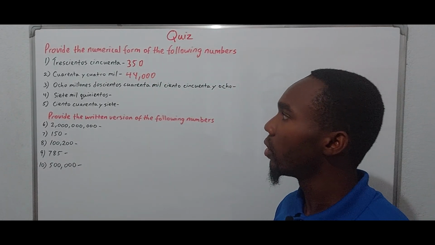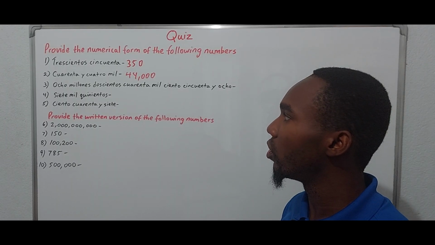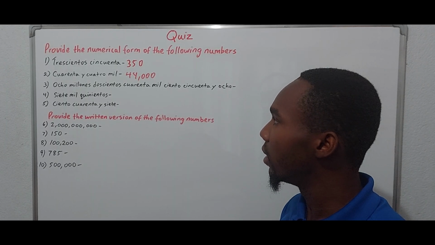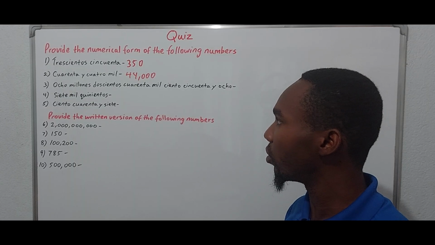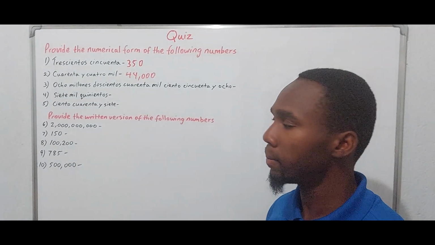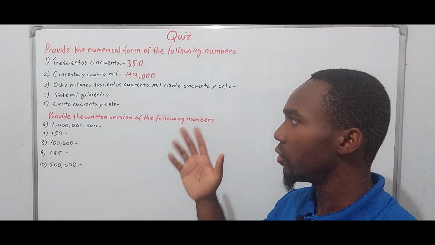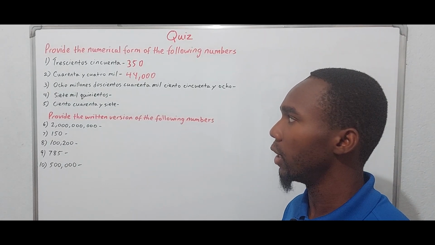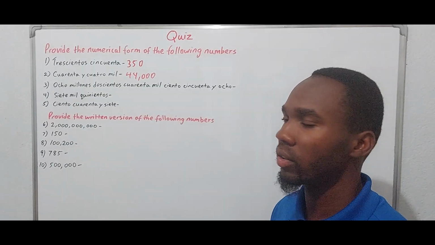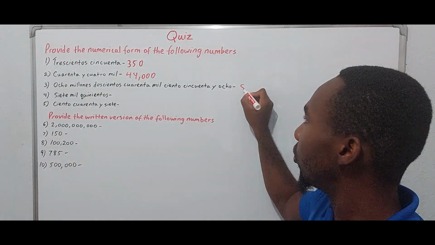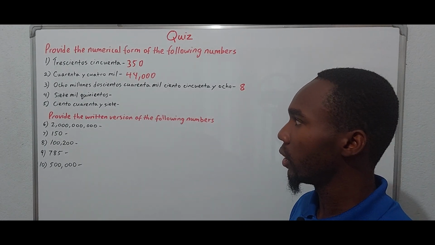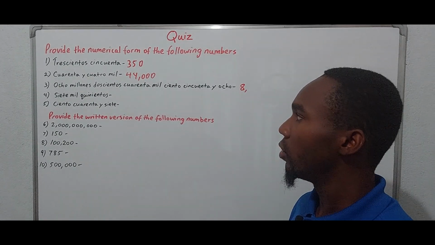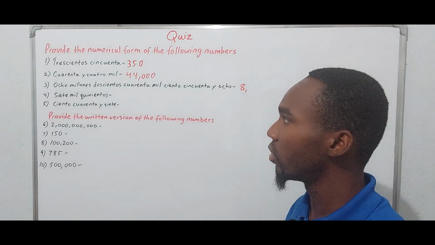3. Ocho millones doscientos cuarenta mil ciento cincuenta y ocho. So that's a big one, right? First we have 8 million, ocho millones. So we know our number starts with 8. Now we go to the thousands.